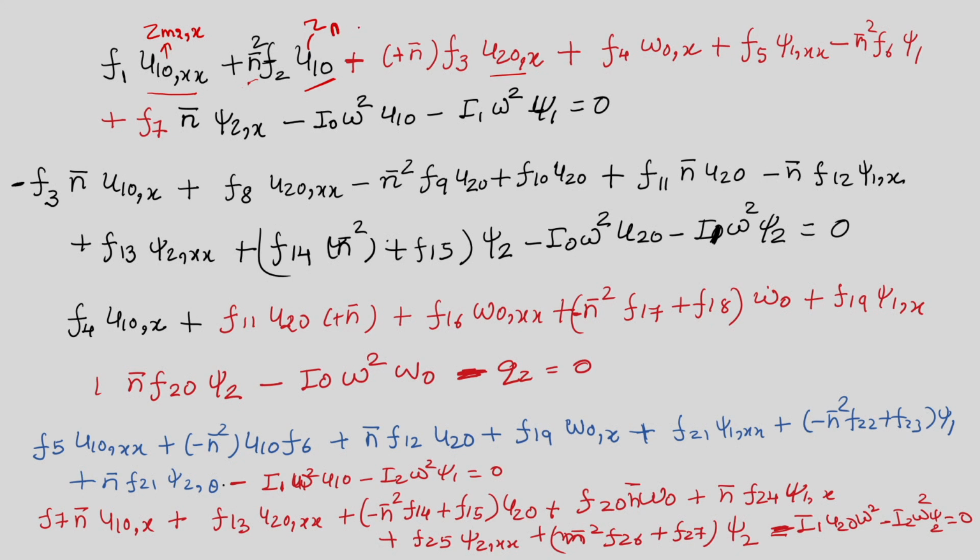Let me write it: Zm3 or you can say Zm4, Zm6, then Zm8, Zm7, Zm9, and here again Zm1 and Zm7.